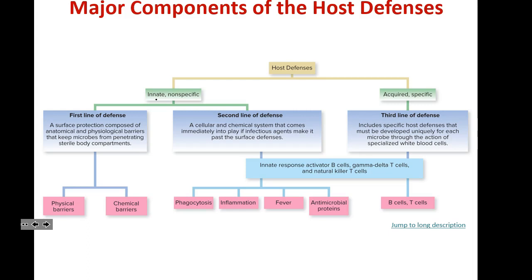Now, the first line of defense that we're going to be talking about in this chapter is a surface protection composed of anatomical and physiological barriers that keep microbes from penetrating sterile body compartments. There are physical barriers and chemical barriers. What do you think some of those physical barriers are? Your skin.